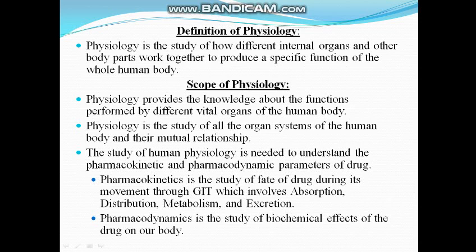Pharmacokinetic is the study of fate of drug during its movement through GIT, which involves absorption, distribution, metabolism and excretion. Pharmacodynamics is the study of biochemical effect of the drug on our body. Pharmacokinetic means what action our body shows on the drug, like absorption, distribution, metabolism and excretion. And pharmacodynamic means what pharmacological or biochemical effect the drug shows on our body.